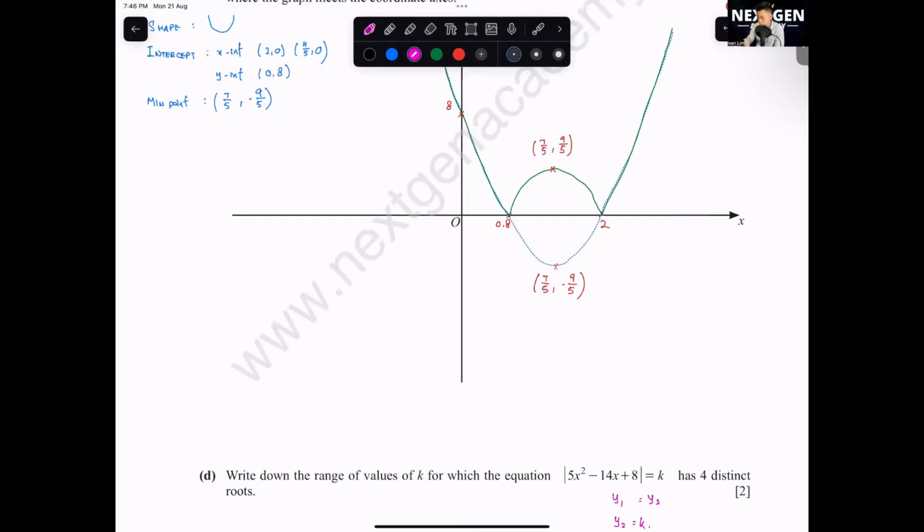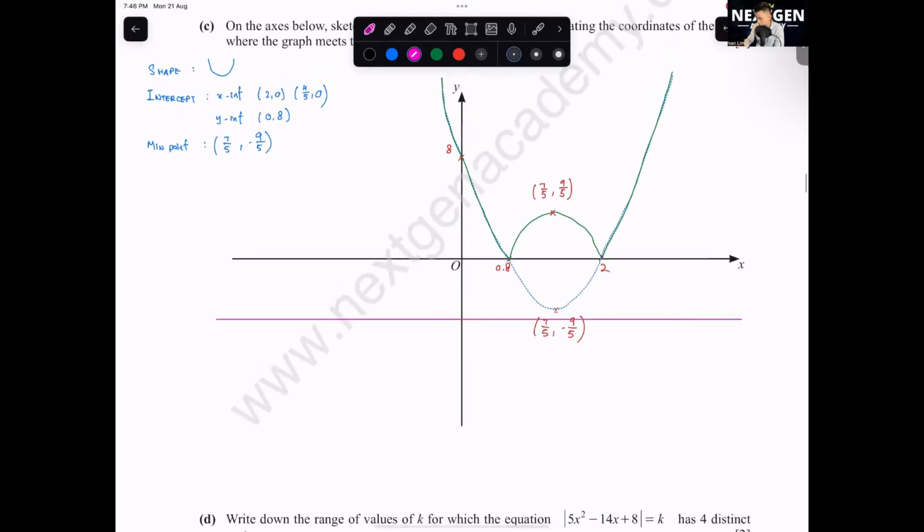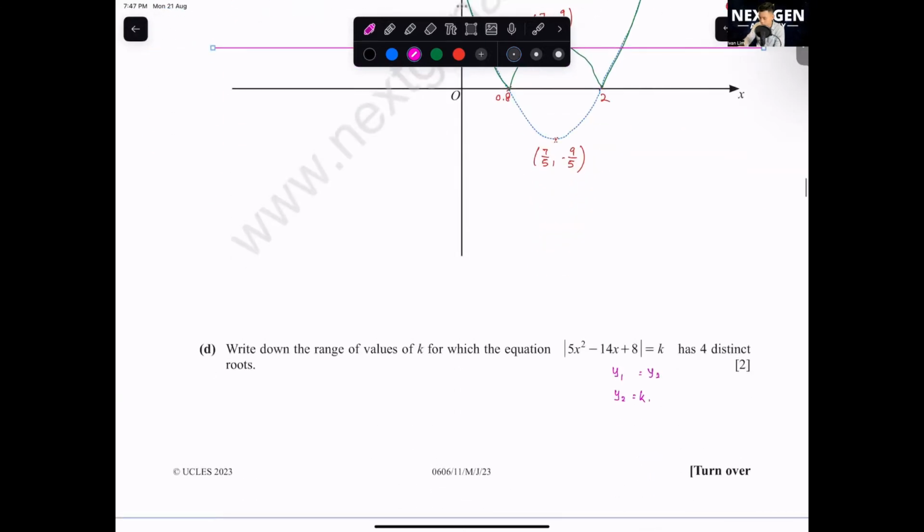So we want to see where in the graph a horizontal line will intersect 4 times. You see here, it's in between here. From here all the way to here, but it's in between. So how do we present it? It is from 0 to 9/5. So my answer will be 0 < k < 9/5. Don't put an equal symbol over there.